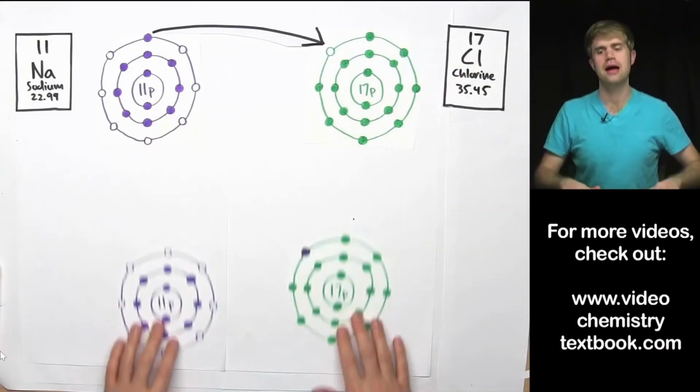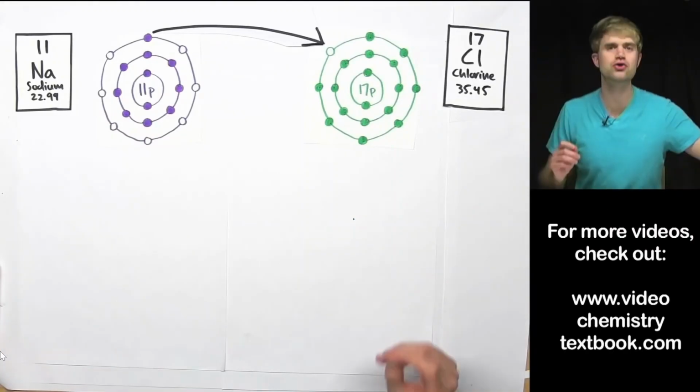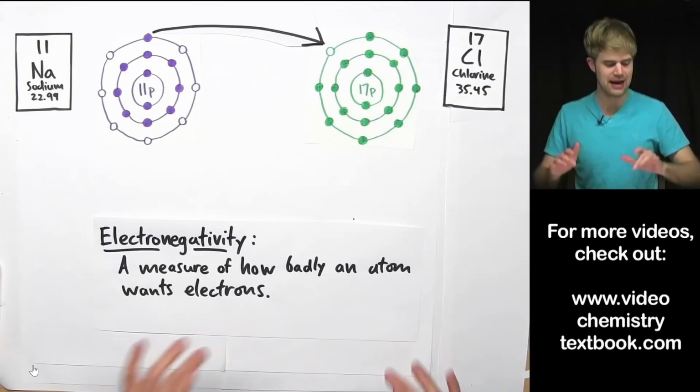The answer has to do with a topic called electronegativity. Electronegativity is a measure of how badly an atom wants electrons.